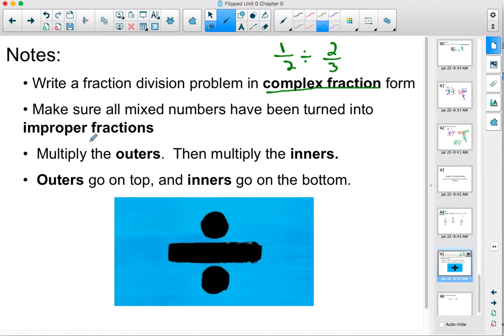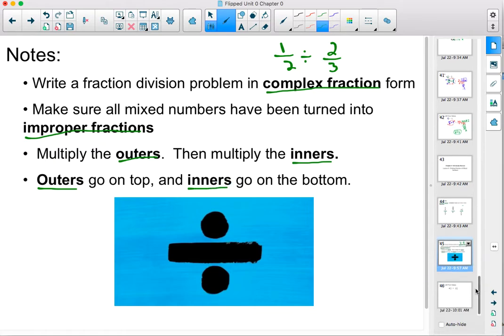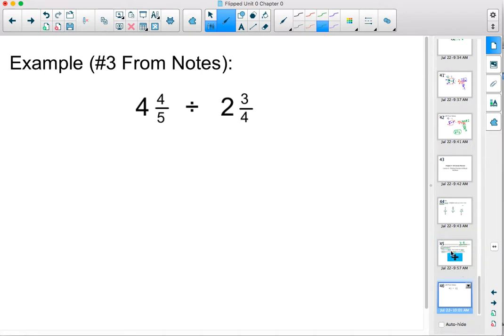Make sure that all mixed numbers have been turned into improper fractions. That shouldn't surprise you because we had to do that with multiplying. Then once we have everything set up, first we multiply the outers, then we multiply the inners, and in our final answer, outers go on top, inners on the bottom. It's a really easy visual way for us to divide fractions and mixed numbers.